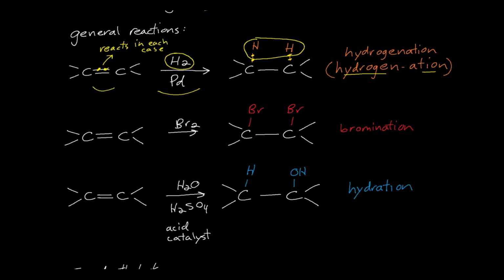An alkene can add, in the same way, a bromine molecule or bromine atoms to each carbon of the alkene. Notice the double bond is gone. So the most common mistake is to do this, to forget to remove the double bond.